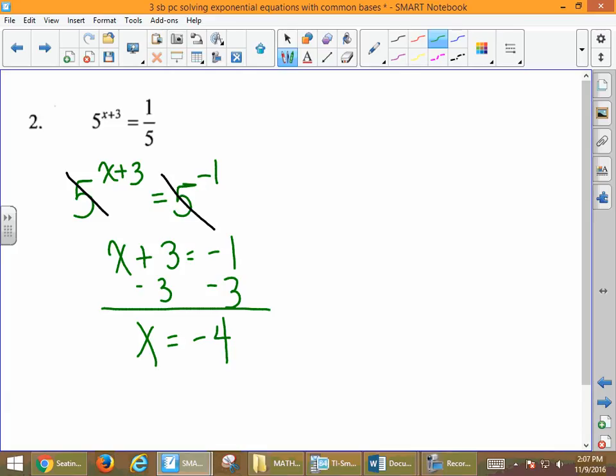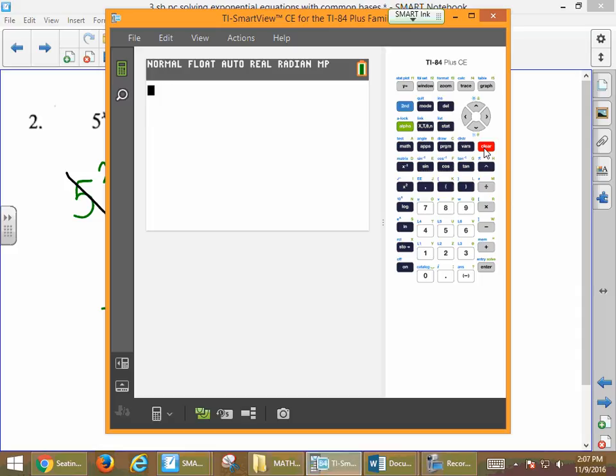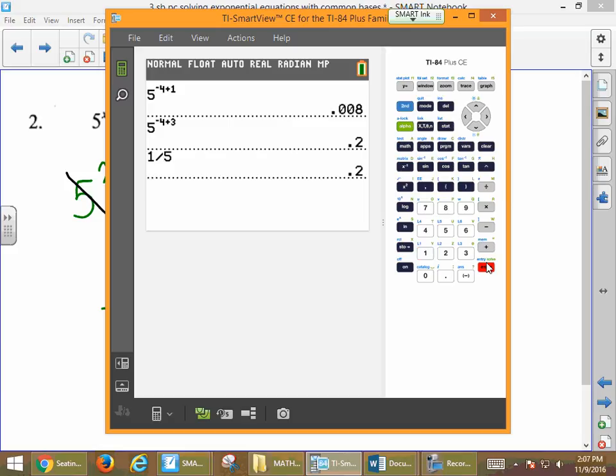Well, once we determine what we think our solution is, the nice part is we know before we turn in a test or a quiz whether we have it right or not. If we type it back in by going 5 to the negative 4 plus 3, that gives us 0.2, and if we type in 1 divided by 5, we still get 0.2.